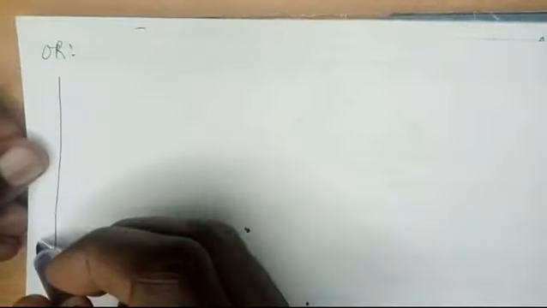So let me show you how you can do that. We are going to write here, meaning you can also solve this in another way. If we draw this again, we need to draw it again.